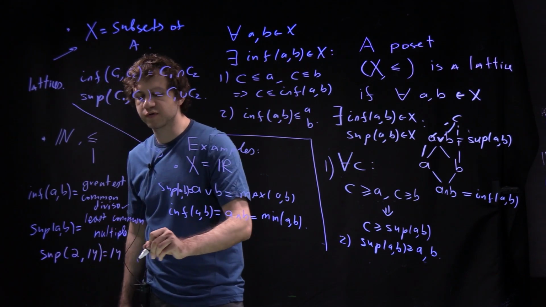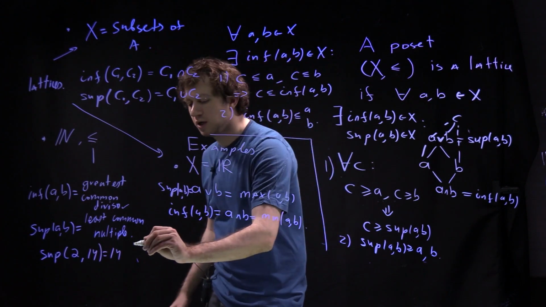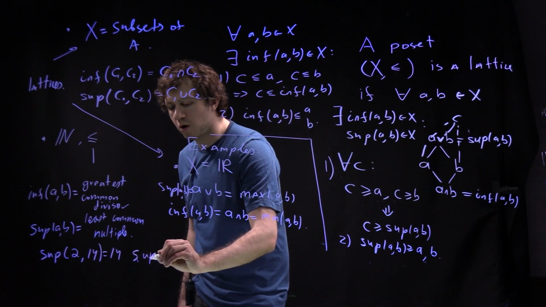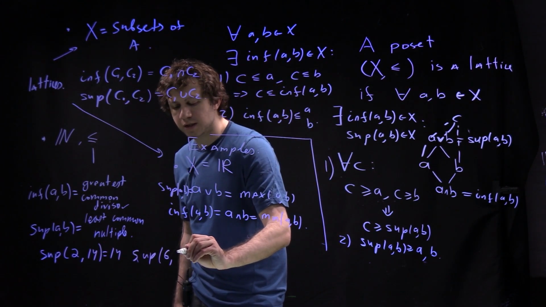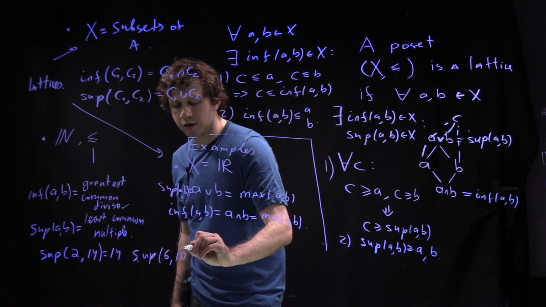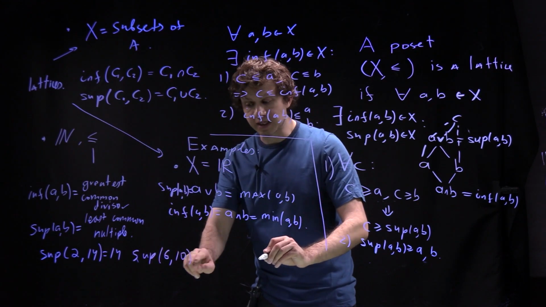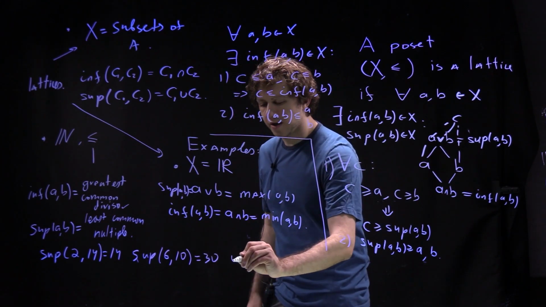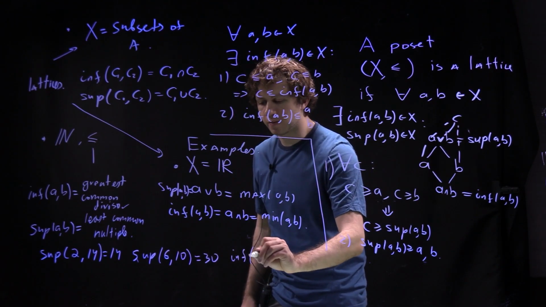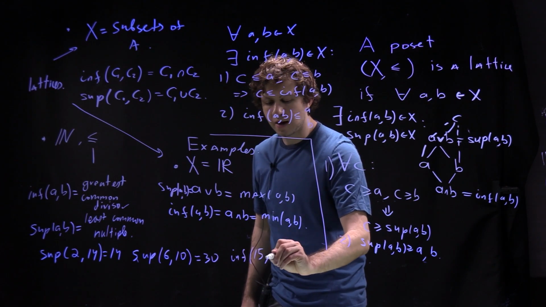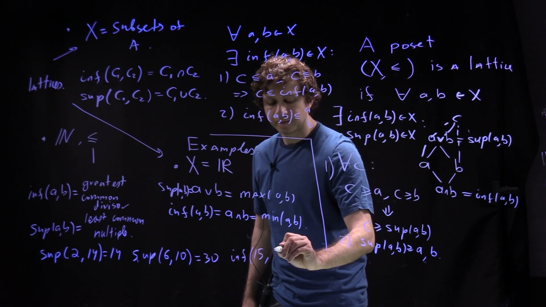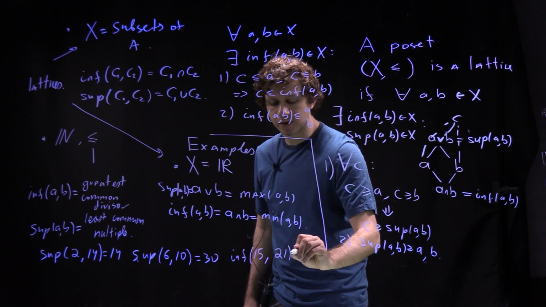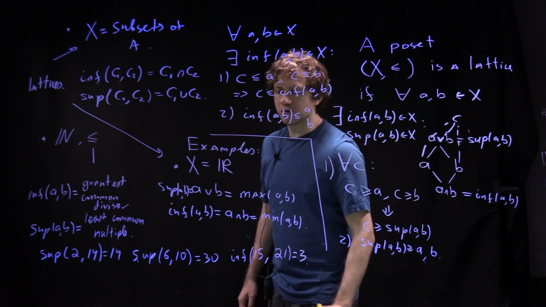That's divisible by both of them, and is the smallest such. If you take the supremum of 6 and 10, you will get not 60, but just 30. And if you take the infimum, so in this case the greatest common divisor of, say, 15 and 21, you will get 3. So this is how it works.